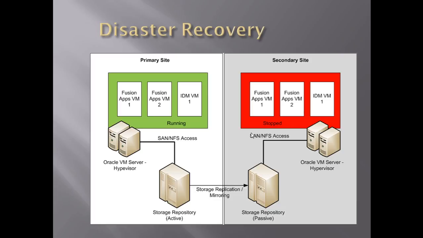Whenever the primary site is down, we make the secondary site active. That means all the services will be routed to the secondary site, which will act as the primary site in a disaster situation. So this concept explains how we configure a disaster recovery plan for our application. This is about WebLogic Application Server Administration. Thank you.